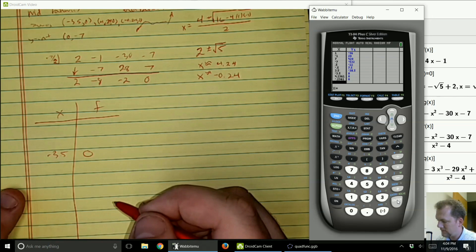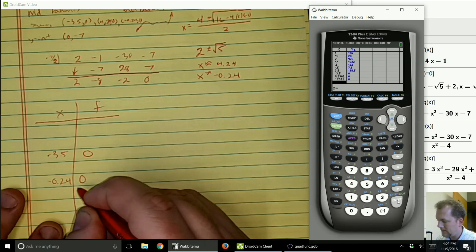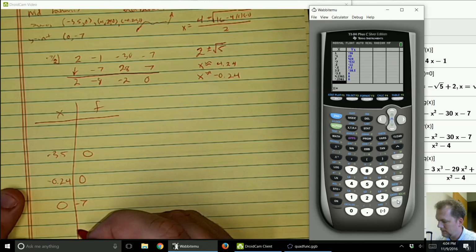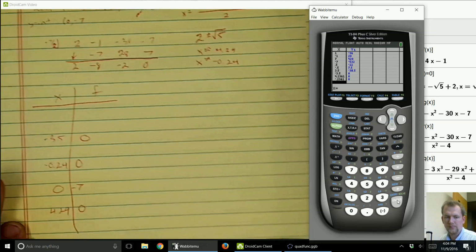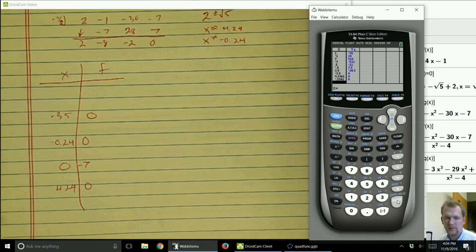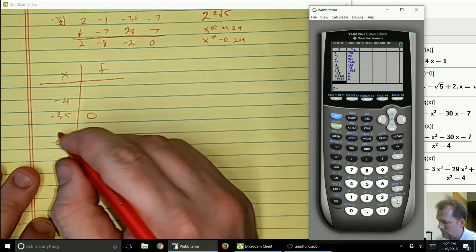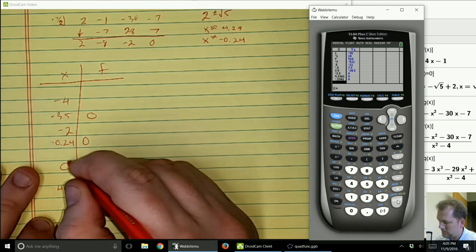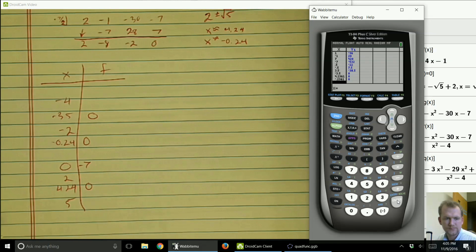Next smallest is negative 0.24. Then the y-intercept, and then the other zero. And then I just put in some more numbers. Those are close enough together.